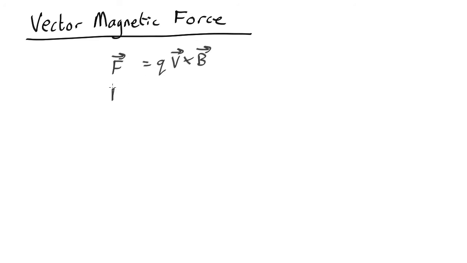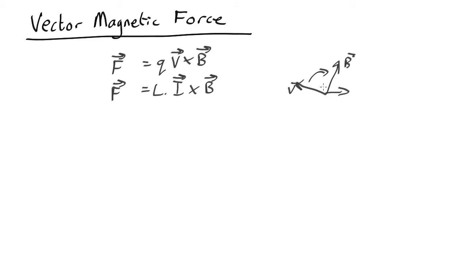For a wire, the force is equal to the length of the wire times the current, which is a vector pointing along the wire in the direction the current is going, times the magnetic field. How about the direction? Well, the direction, as we just saw, comes from the right-hand rule. So if you have a magnetic field in this direction and velocity in that direction, you curl your fingers from the velocity to the magnetic field, and it goes off in that direction.